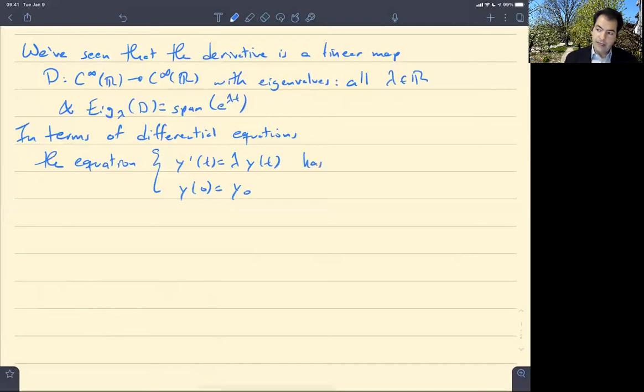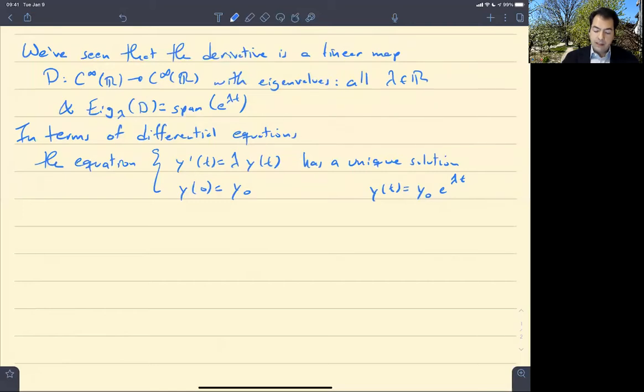Then this equation has a unique solution: y of t is equal to y naught e to the lambda times t. Satisfying the eigen equation means that you're in the eigenspace, so you're some multiple of e to the lambda t, and then this initial condition tells us which multiple of e to the lambda t.